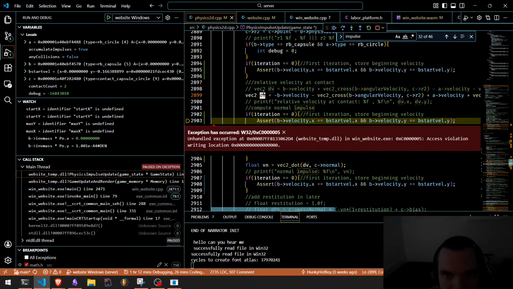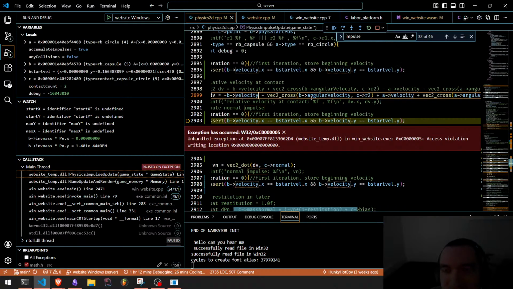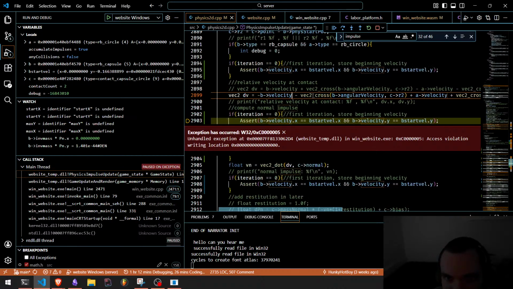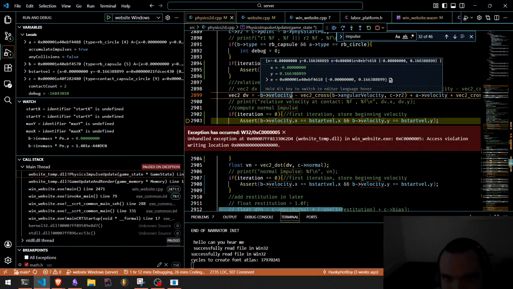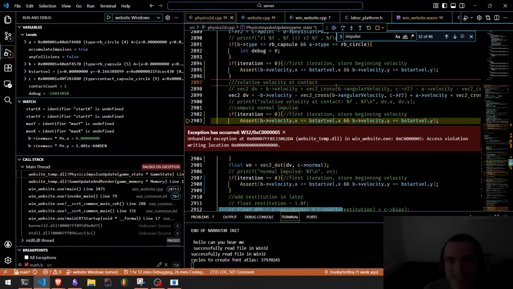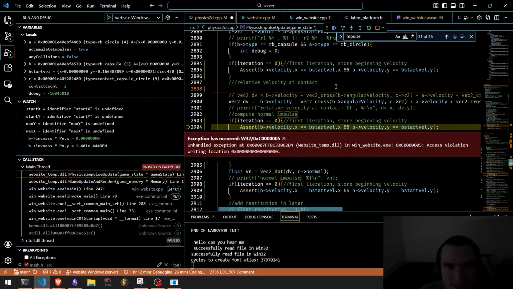Okay, so what happens right after we do dv, and we set it equal to negative velocity. I think this might have something to do with me stacking the operators, where I'm accessing the memory of the velocity. Let's just do vec2 temp bvel, just b velocity, right?